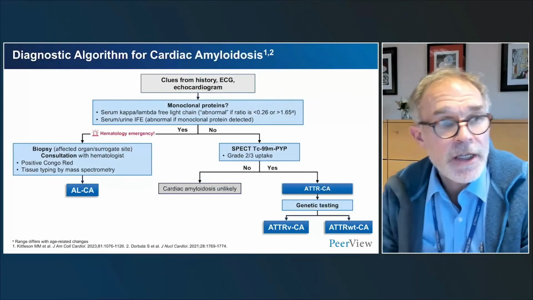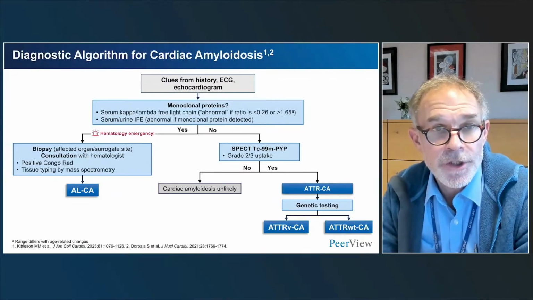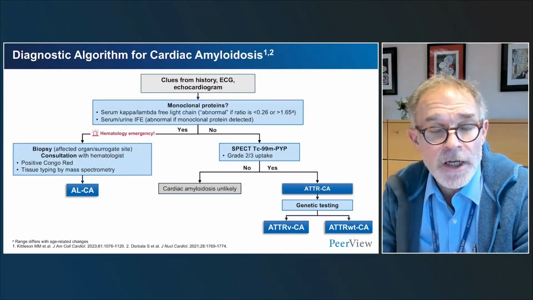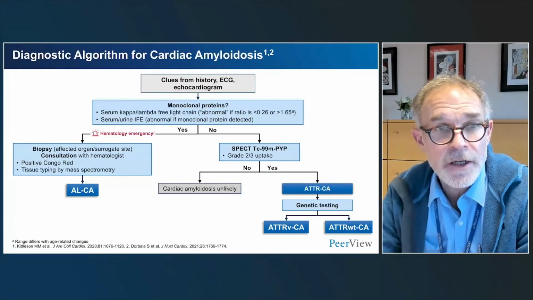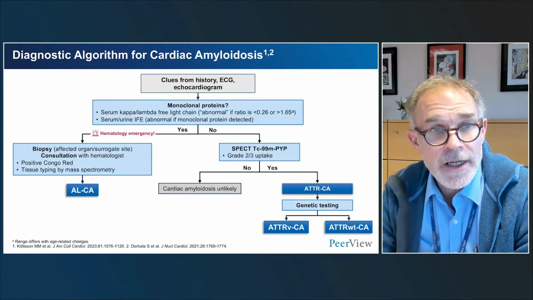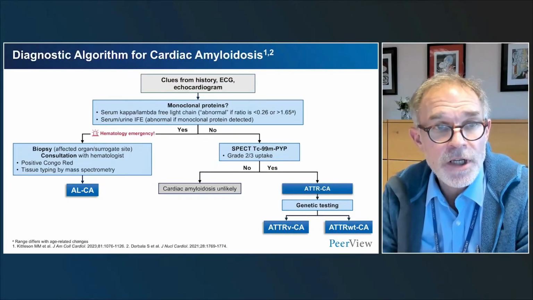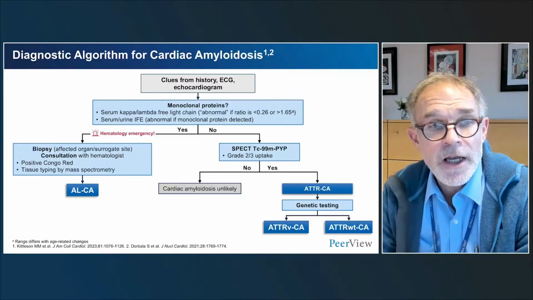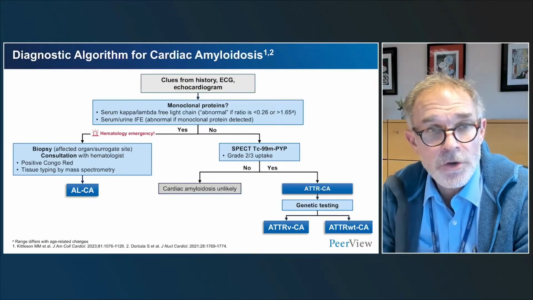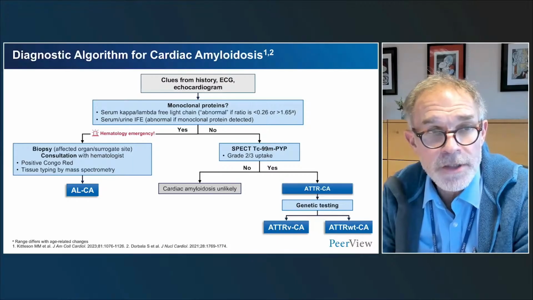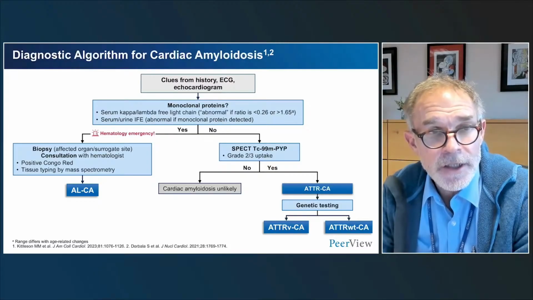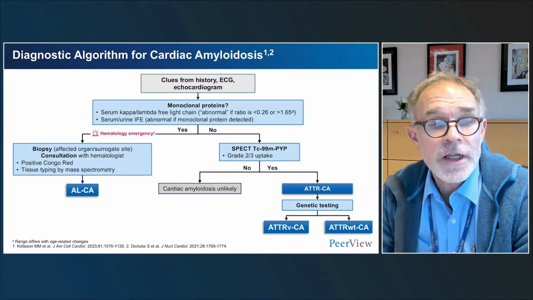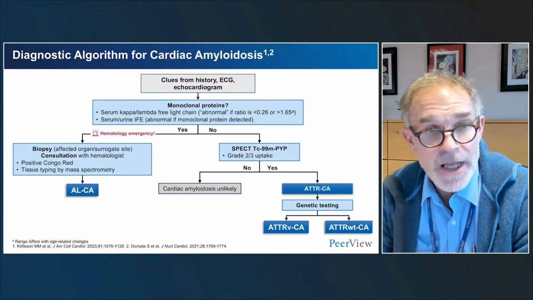So here is a diagnostic algorithm for cardiac amyloidosis, and essentially, if one has clues from the history, an ECG, and particularly an echocardiogram or a cardiac MRI scan, if one suspects cardiac amyloidosis on the basis of those imaging techniques and the clinical history, the next stage is really to look for evidence of a monoclonal protein, and that includes doing 3 tests: the serum free light chain assay, the serum electrophoresis and immunofixation.